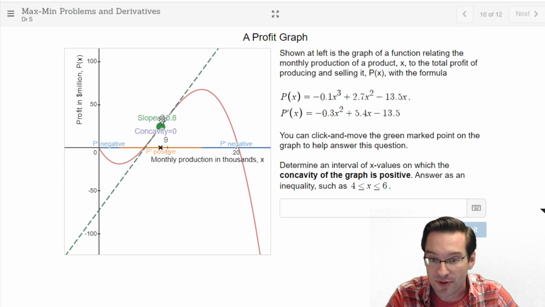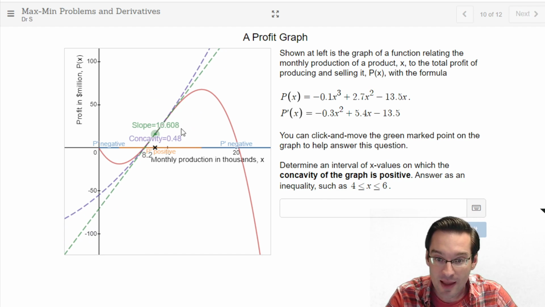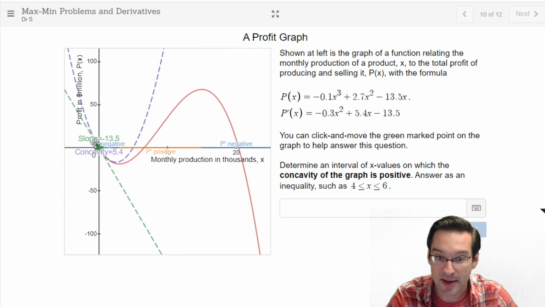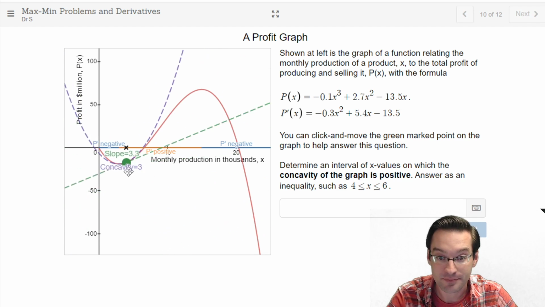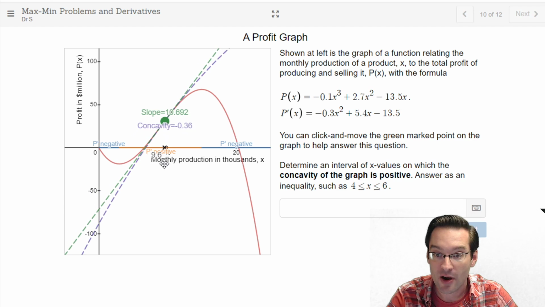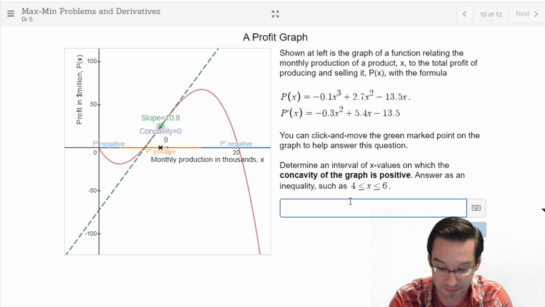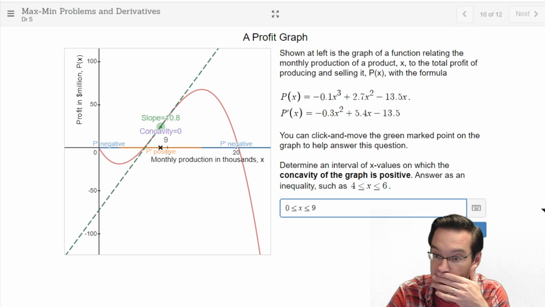So if I were to say what's an interval on which the concavity of this graph is positive, I might say that it's positive all the way from the beginning of my graph here at x equals 0, all the way up as far as right there, which is x equals 9. If that makes sense.